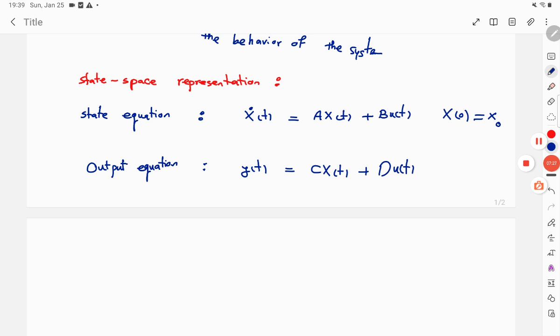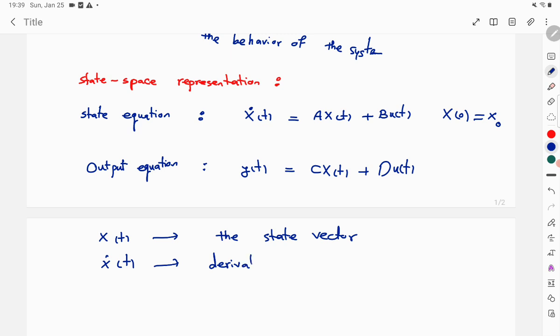So this X is the state vector. This X dot in the first equation is the derivative of the state vector with respect to time.